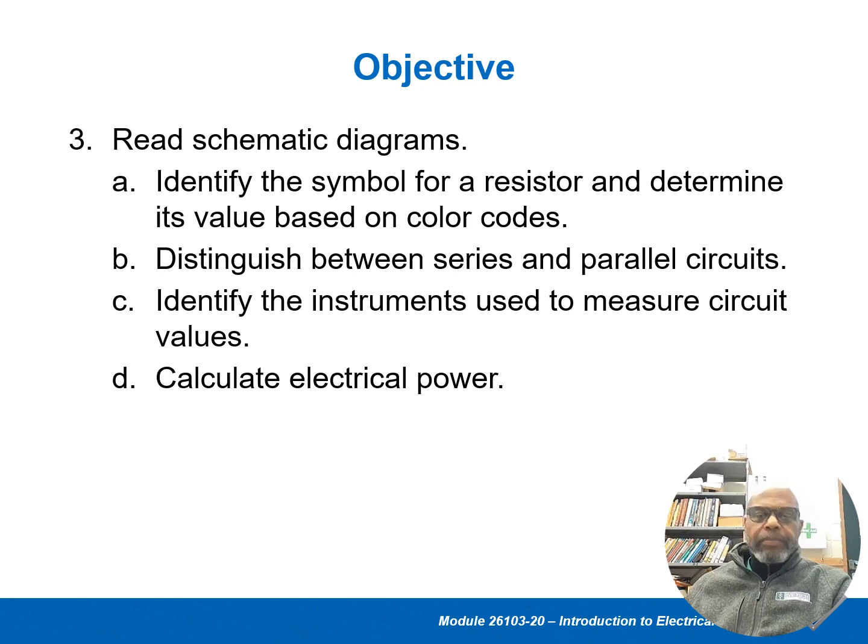It's going a little bit deeper, and we will go a little bit more into the next section in Module 4, but looking at how these things will operate in a circuit and the difference between series and parallel circuits. We're going to identify the instruments used to measure circuit values, voltage, current, and of course resistance. And then we're going to look at how to calculate electrical power.